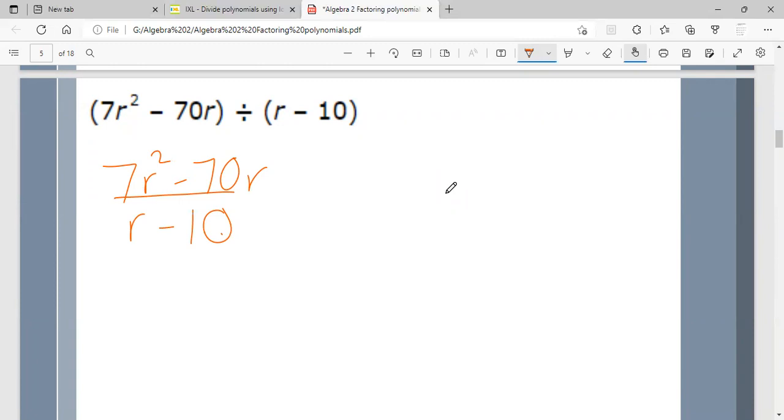Well, you're right. Something about r minus 10, right? Something about that's going to happen. So let's look at the numerator before we answer the question further about greatest common factor, what they all have. You're right.